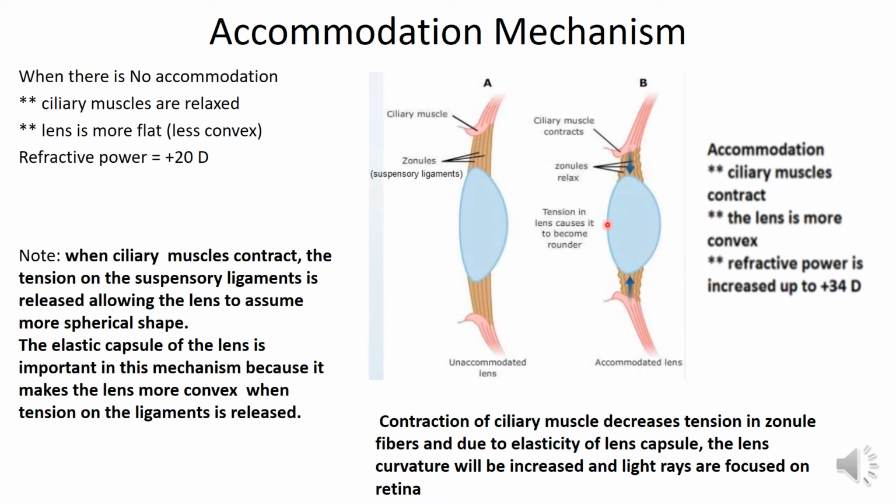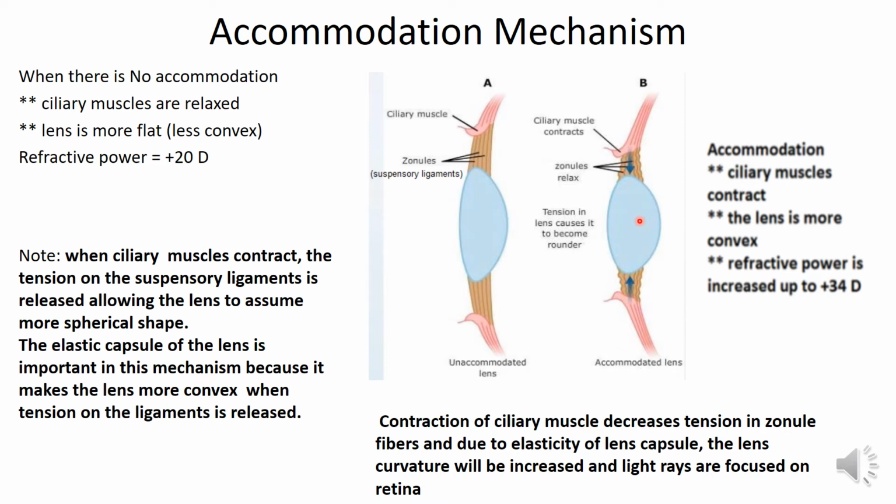On the other hand, if the ciliary muscle contracts, the zonule tension will be decreased. A decrease in the tension in the zonule will release the tension on the capsule of the lens, and the lens becomes more convex in shape. This shape is useful to see near objects.